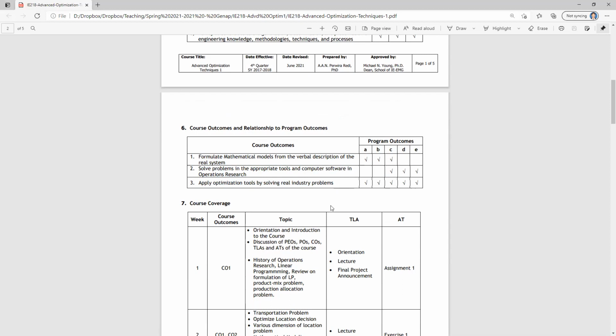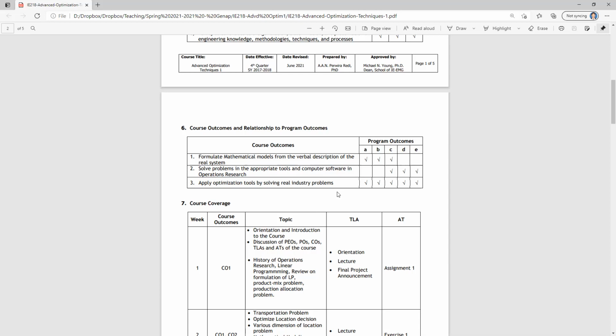We are hoping that after taking this class, you will be able to at least formulate mathematical models and then solve problems using computer software tools or apply the techniques that we learned, mostly related to operations research, and also apply them to projects, where we can solve real industrial case problems that you may select by yourself as a participant of this course.